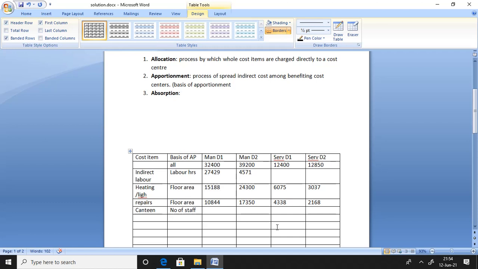The first one is going to be 4,371, and then the other cost is going to be 729. Move on to the next cost item.